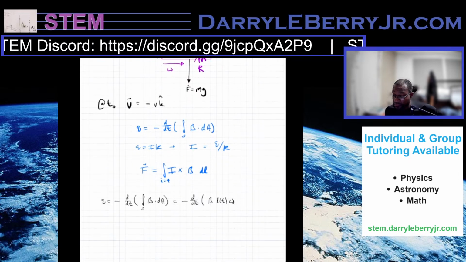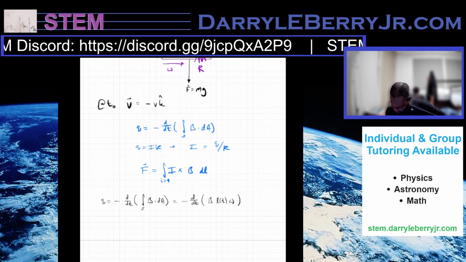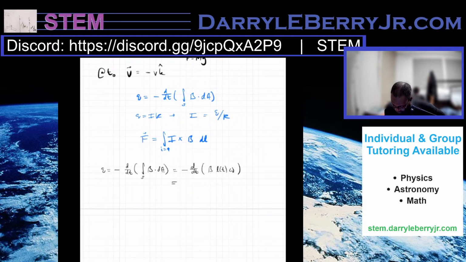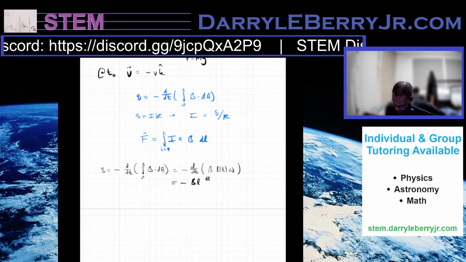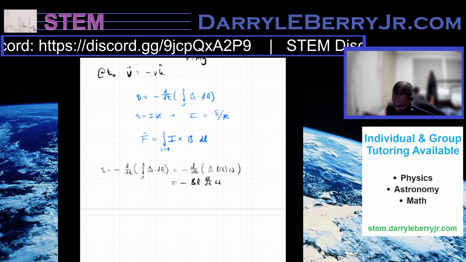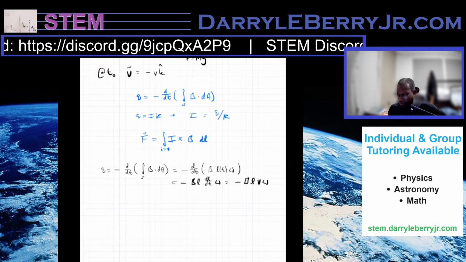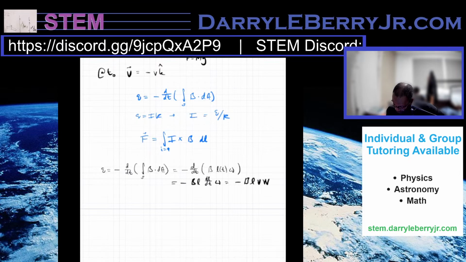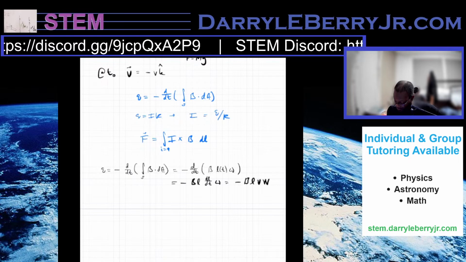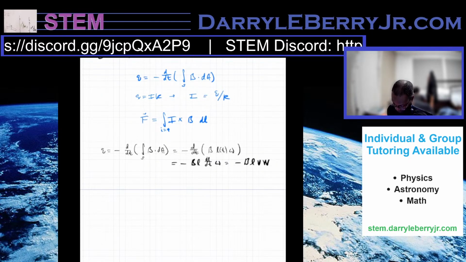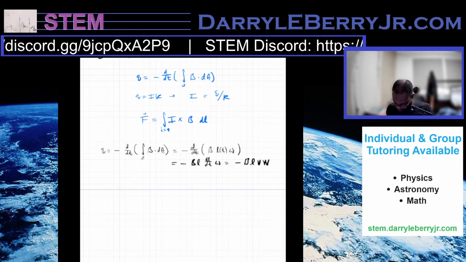With this fixed, it'll be negative B L dL over dt, which equals negative B L v W, with W for the width. That's my electromotive force.